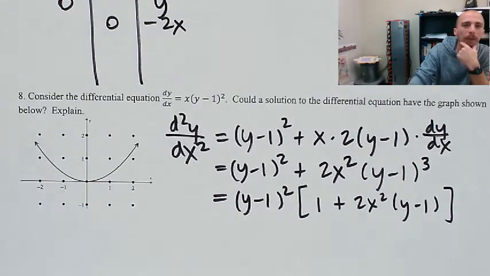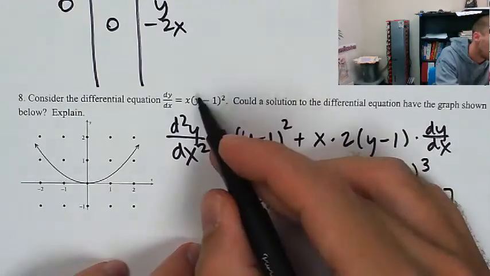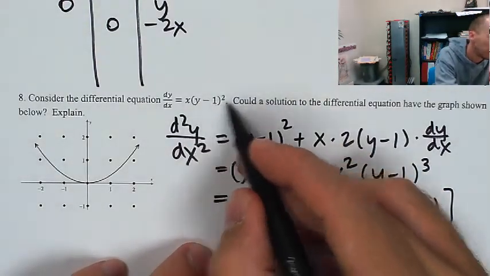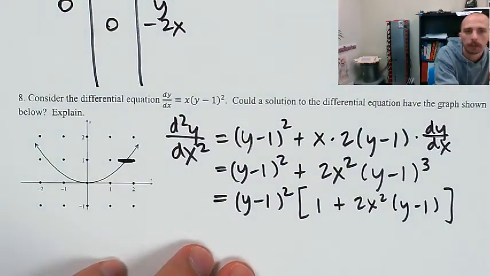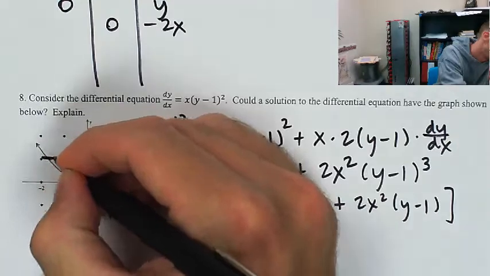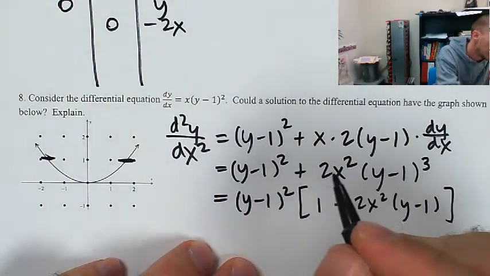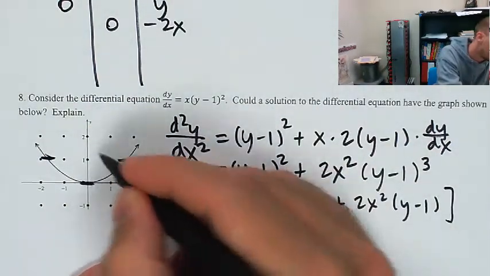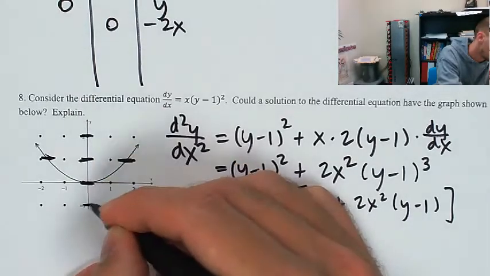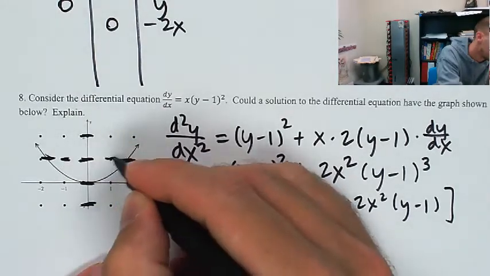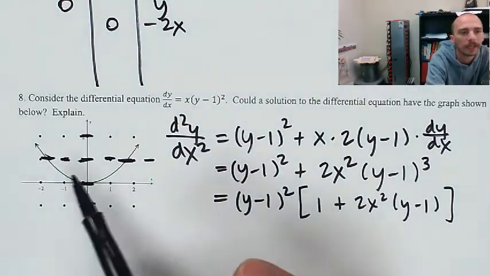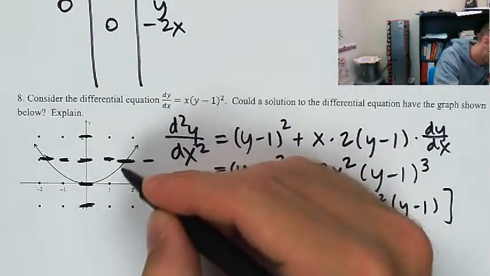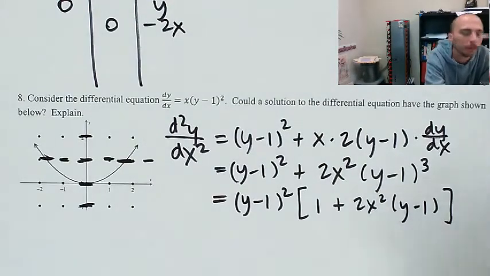I'm saying that any place where y equals 1, dy dx equals 0, right? Because if I had 1 here, that would be something times 0. Yet I'm not seeing a flat tangent there, or there for that matter. And although I am seeing a flat tangent where x is equal to 0, we'd also have these being flat spots on the slope field. So we can't have a solution curve so flagrantly contradicting the slope field, right?